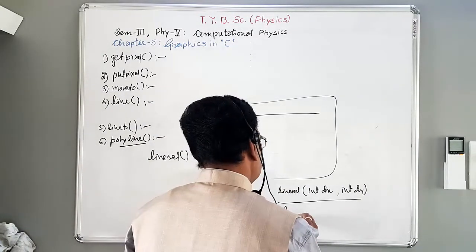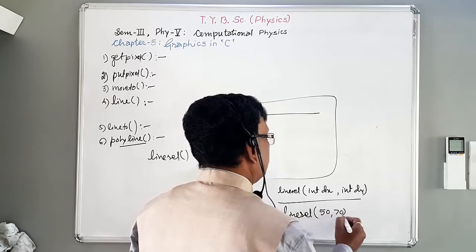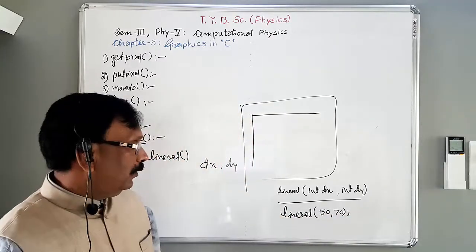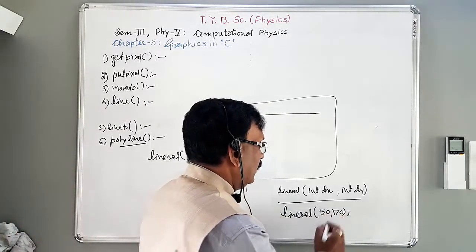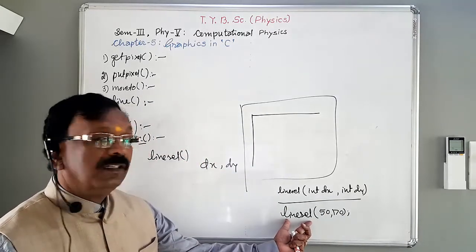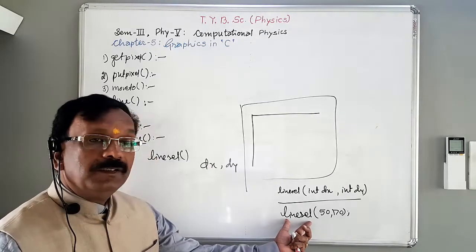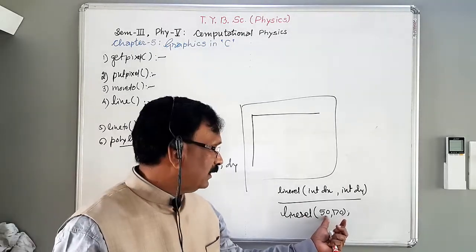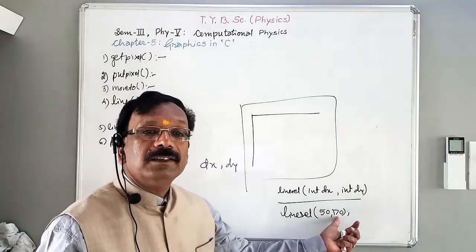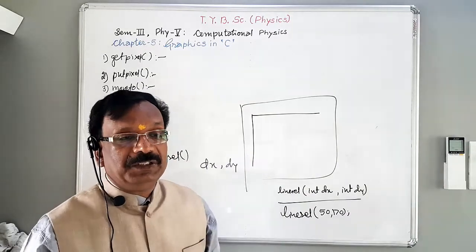Suppose we give linerel 50 and 170. Then by using this command, the computer can draw a line on the computer screen whose final x, y coordinates are 50 and 170 from the initial coordinates x0 and y0.